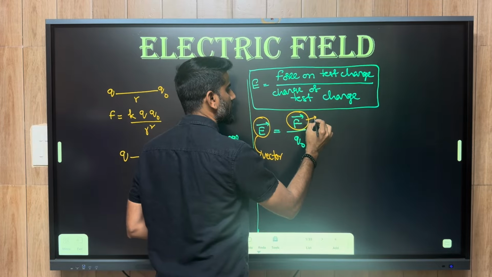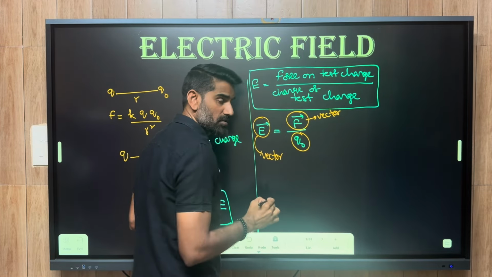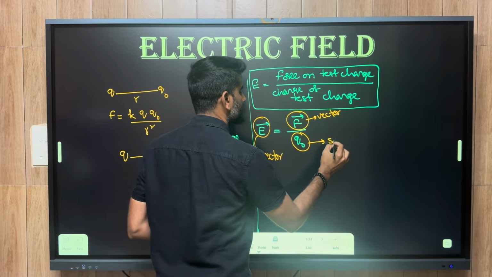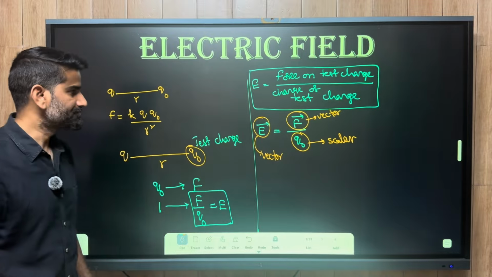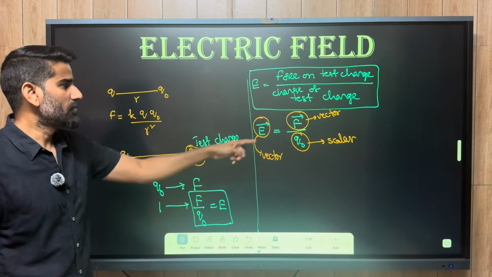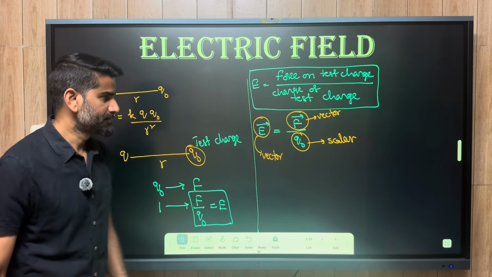So F is again a vector, and Q naught, the test charge, is a scalar. The electric field is given by the force divided by the charge of the test charge.